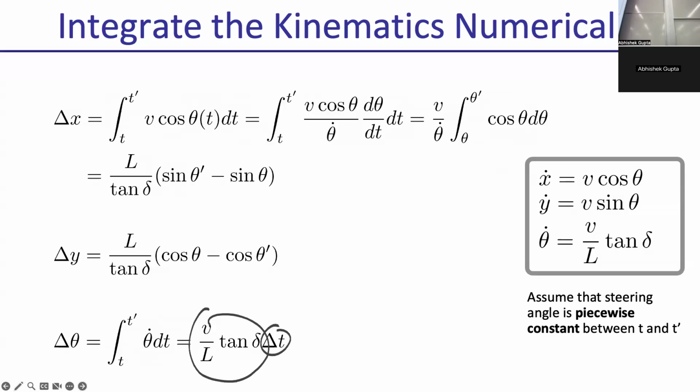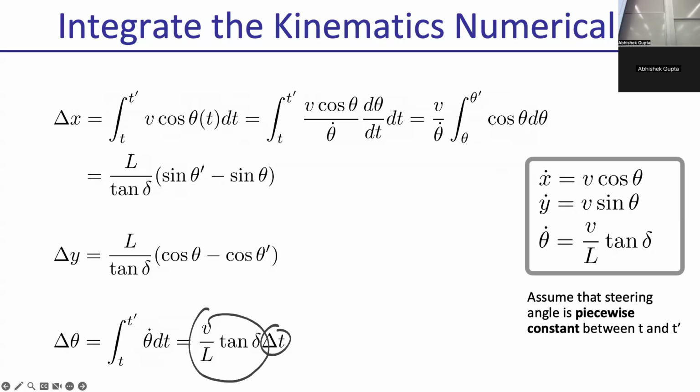Why is theta dot constant? Because you're integrating for a small period of time. And in that small period of time, my steering angle will be constant. For the next period of time, my steering angle will change, right? But I'm saying my rate of change of the angle will be the same. My angle may change, but my rate of change will be the same.